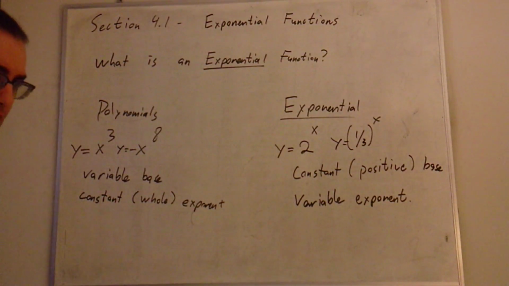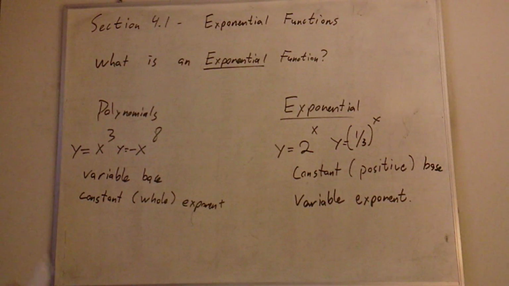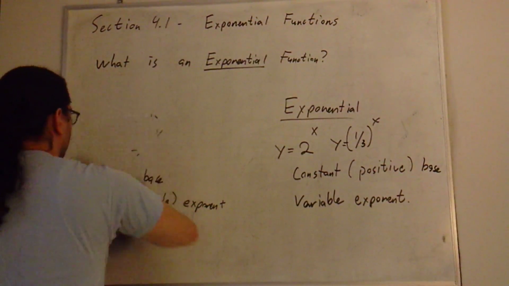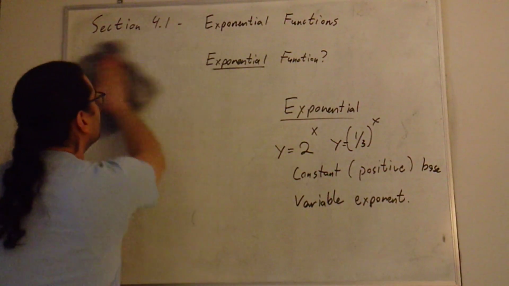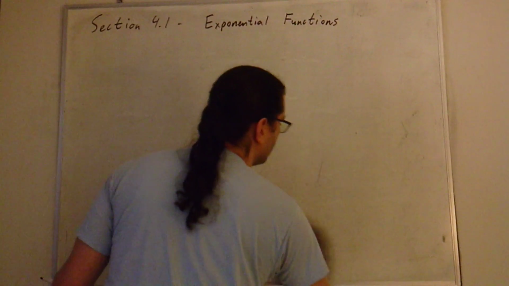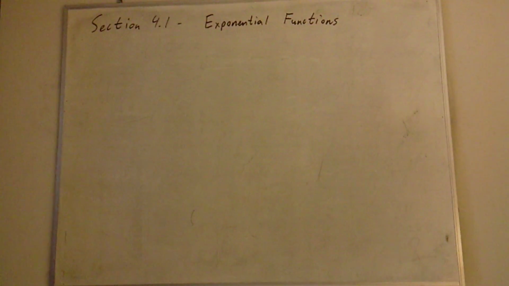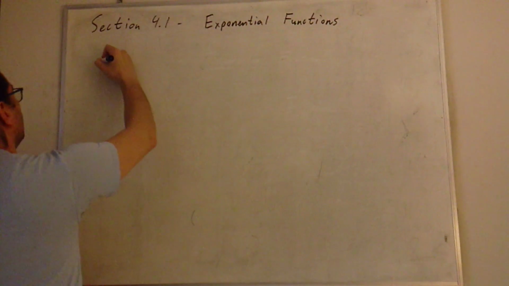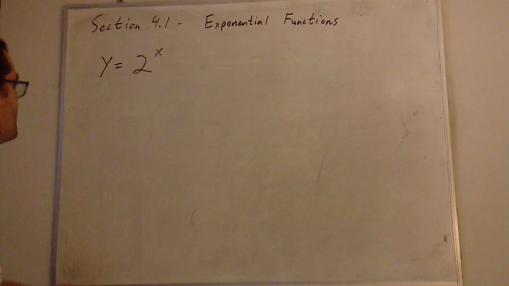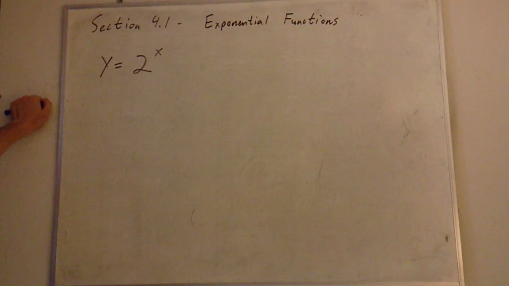Next order of business is we need to talk about what they look like on a graph. So, the super basic introduction to your exponential function is y equals 2 to the x.